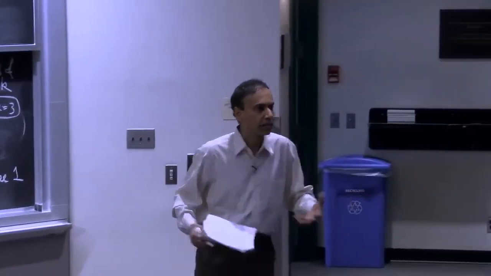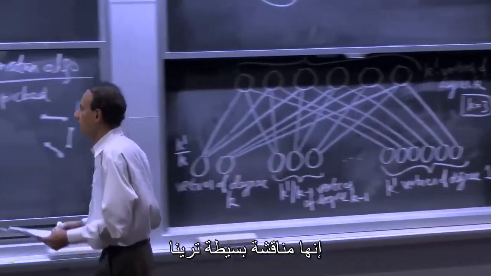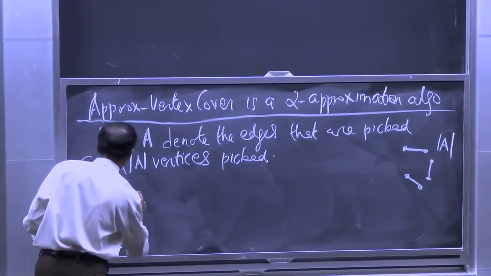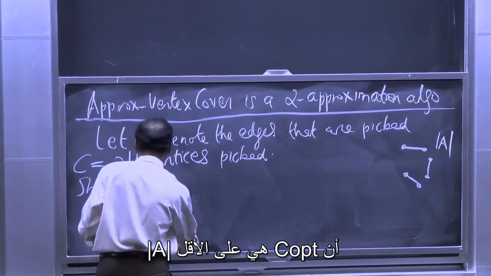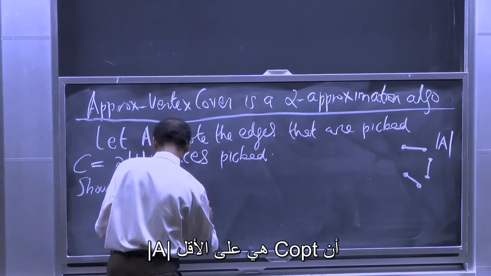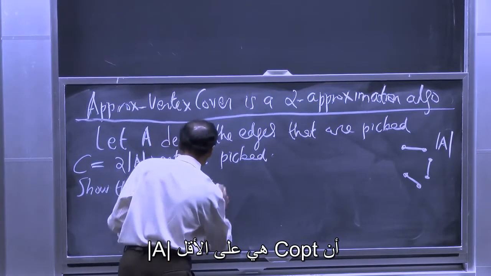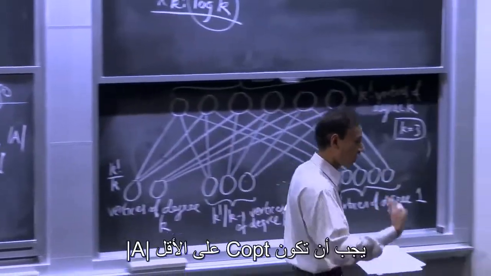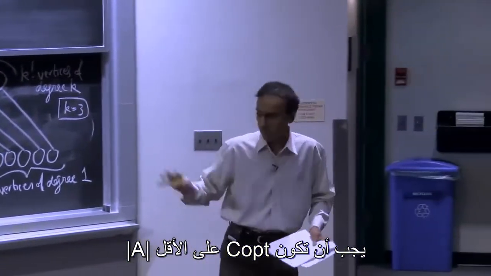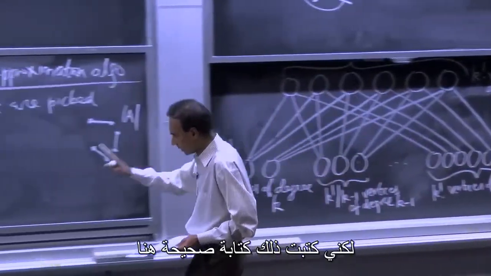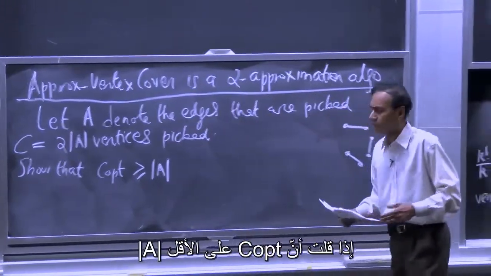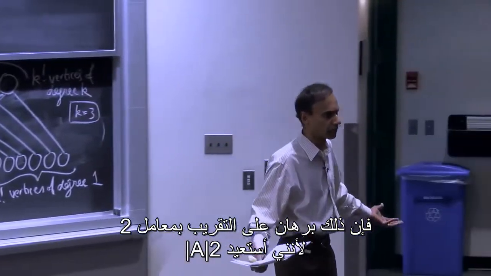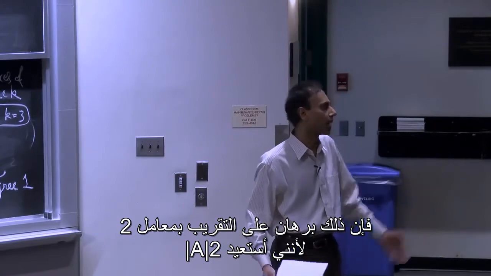So that's it. It's a simple argument that says now show that C opt is at least A. C opt, I'm minimizing, C opt should be at least A, right? I hope I said that right before, but I wrote that down here correctly. So if I say that C opt is at least A, then I've got my proof of 2 approximation, because I'm getting 2A back, right?